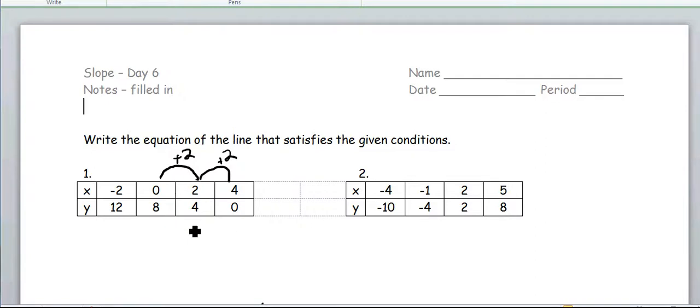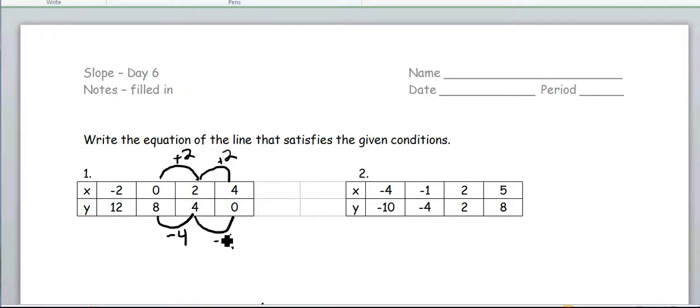When our x's are going up by 2, what do our y's do? Well, here, this looks from 8 to 4, it's going down 4. That's minus 4. And then from 4 to 0, it's minus 4. So we see that when the x's increase, the y's decrease. So we know that's going to be a negative correlation.